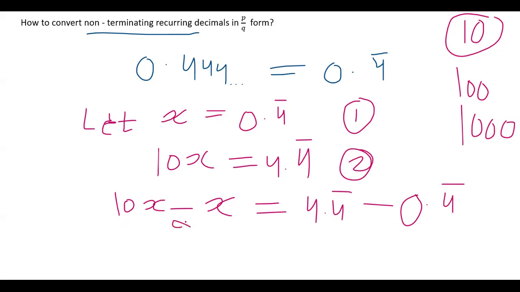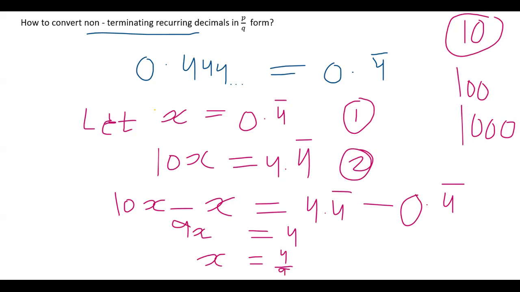So we will get 9x equal to 4, which implies x equal to 4 by 9. So here x equal to 0.4 bar is 4 by 9.